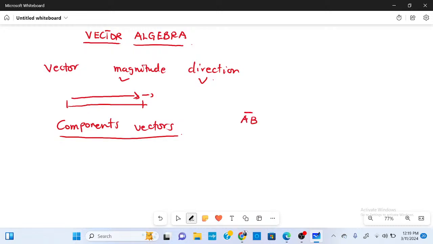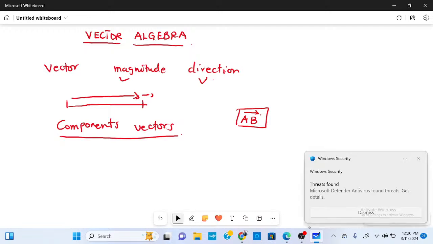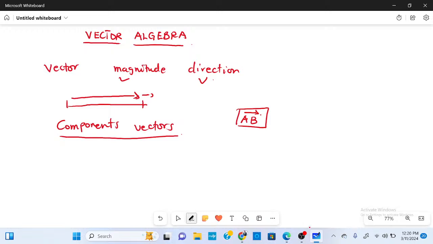You put an arrow with a pointed tip on it. This indicates that this quantity AB is a vector quantity and the arrow is pointing in a direction. Also, a vector can be represented as a smaller letter, let's say vector a, with a tilde on it. So take note of the various representations of vectors. You may not always see this, but sometimes you can see this.